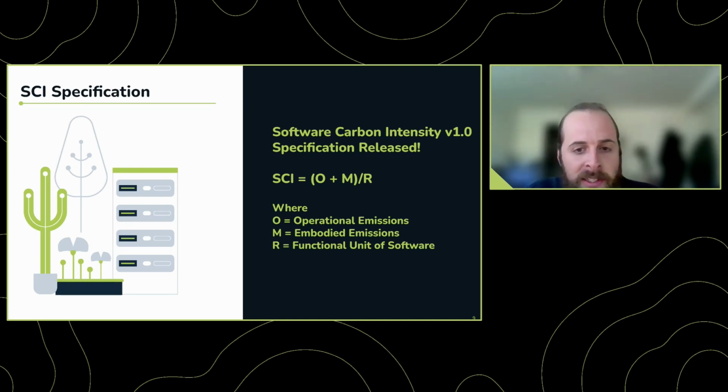We have a group of very dedicated practitioners that meet once a week to talk through the specification and write it. Please join us if you're interested in doing that. We're always looking for additional feedback and insight on the specification. We're really looking at how software creates emissions, and then tying that back to the functional unit of that software.